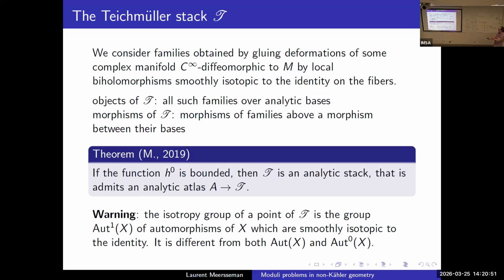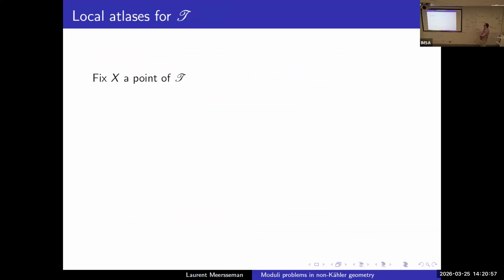Okay. So I want now to understand more geometrically this fact. So let us do local geometry. You fix a point of T, so you just have a compact complex manifold diffeomorphic to M. And you look for a local atlas.